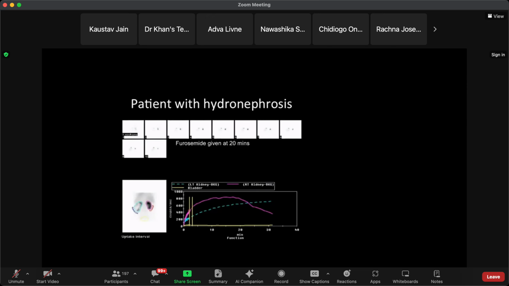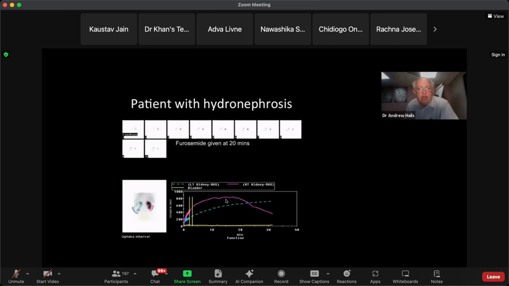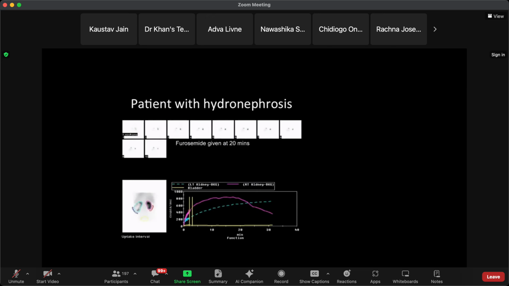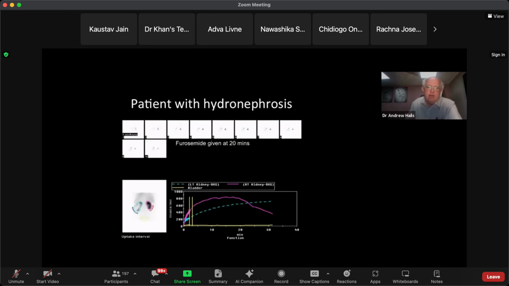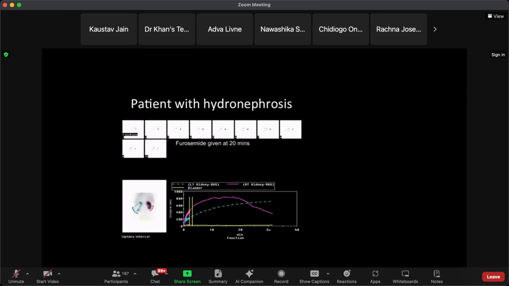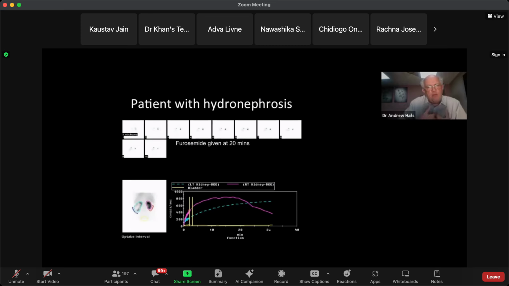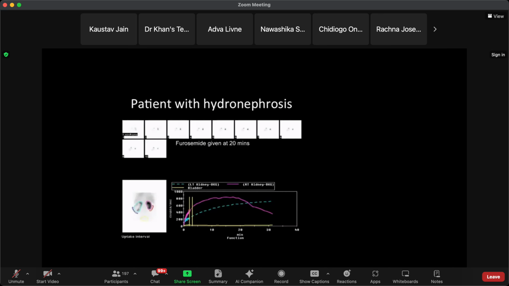Now, this curve for the other kidney is not completely normal, but what usually happens is you give a diuretic at about 20 minutes and then it falls. So this shows that the right kidney in this person had a rather dilated, baggy, probably extrarenal pelvis, but one that's not anatomically obstructed because the curve falls.